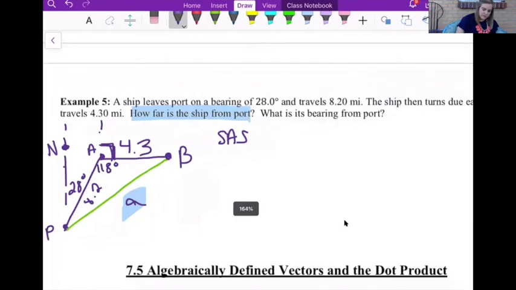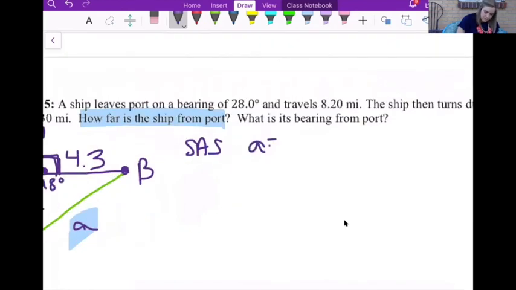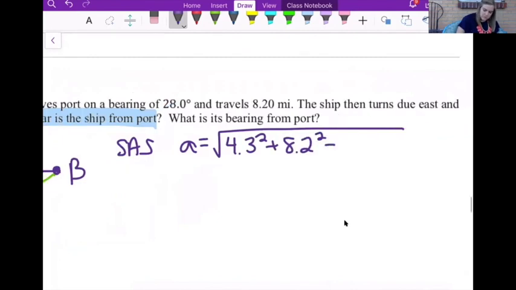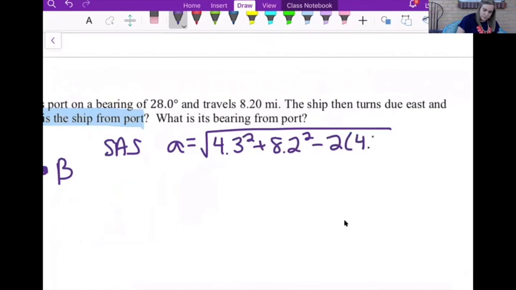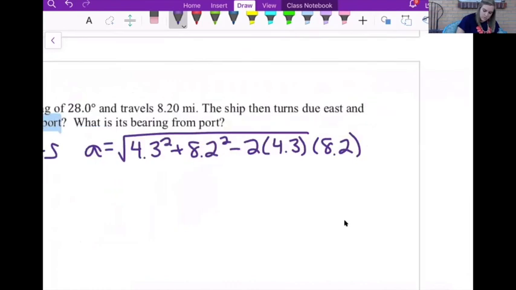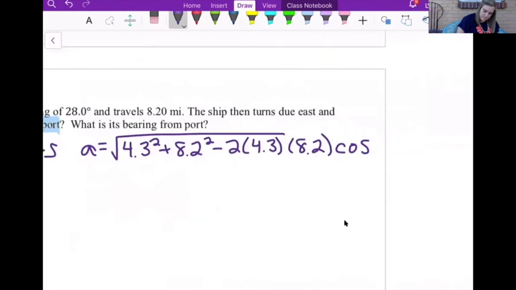So we're going to use law of cosines. So A equals the square root of 4.3 squared plus 8.2 squared minus 2 times 4.3 times 8.2 cosine of 118. So we type all of that into our calculator, and we get that A would be 10.9 miles.